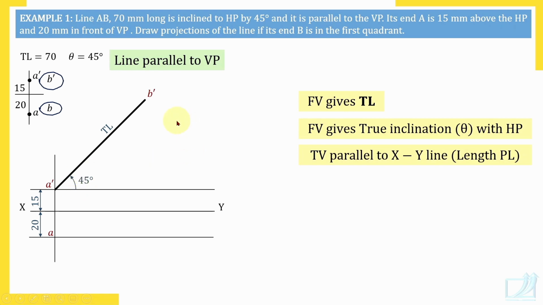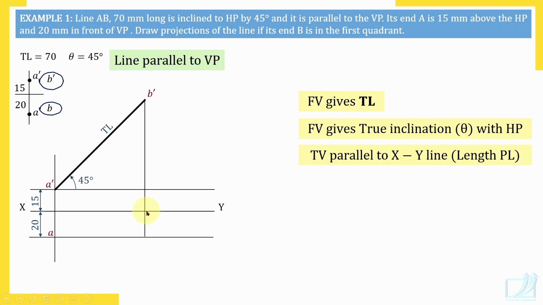Now don't forget, two views of a point lie on same projector, and that is why through B dash you should draw a projector and tell yourself that on this vertical line point B is. So is this point of intersection point B?